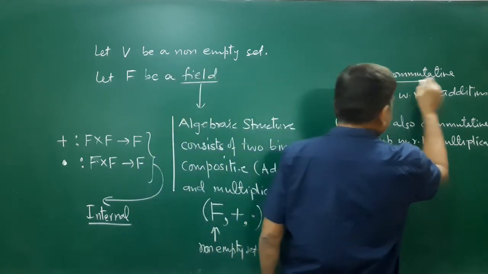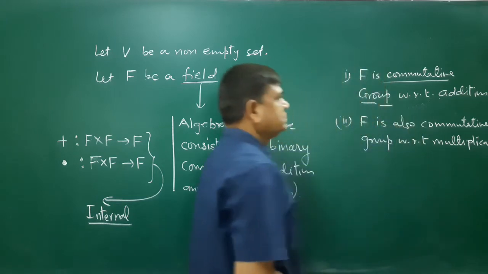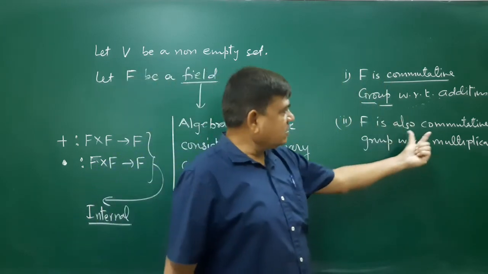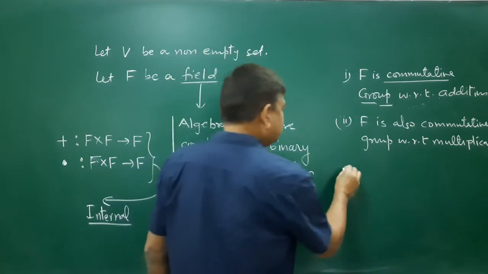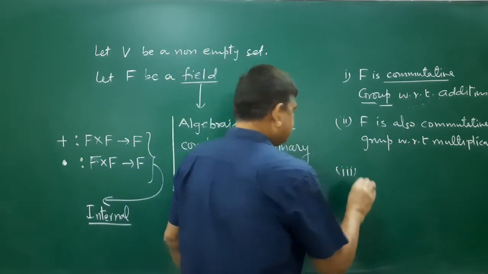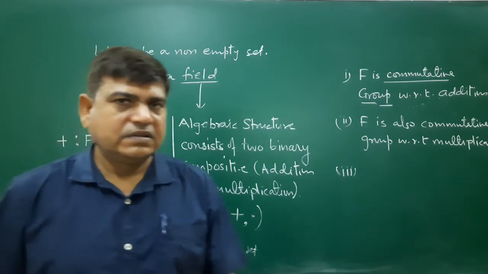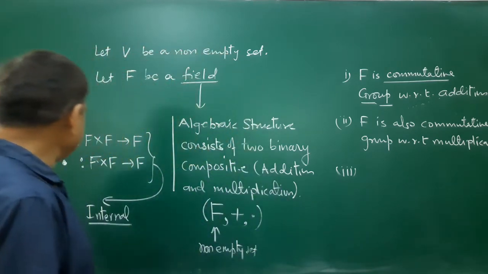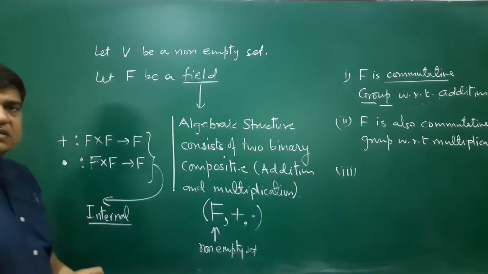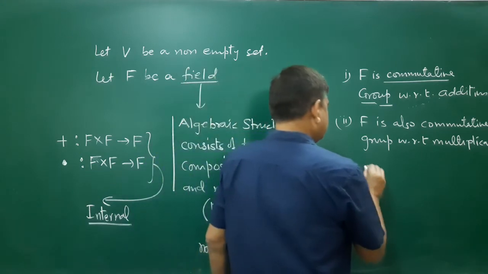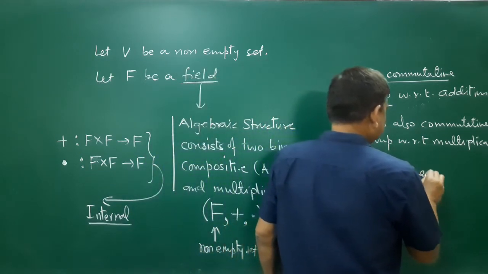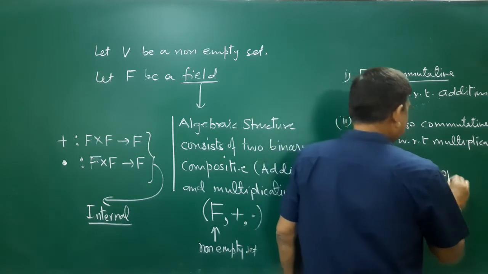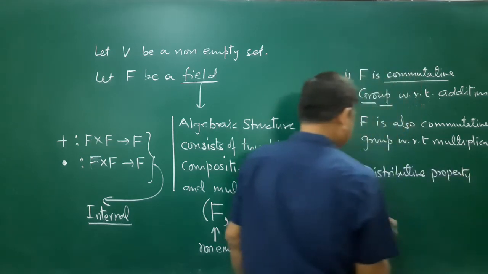Commutative group with respect to addition, commutative group with respect to multiplication. And third, the interconnection of these two operations, that is distributive property holds.